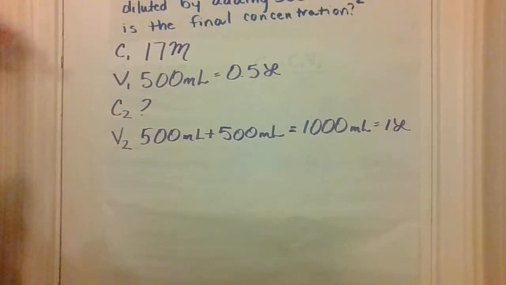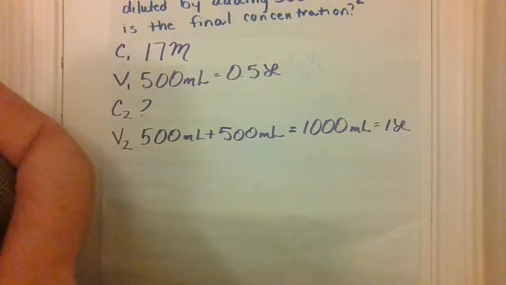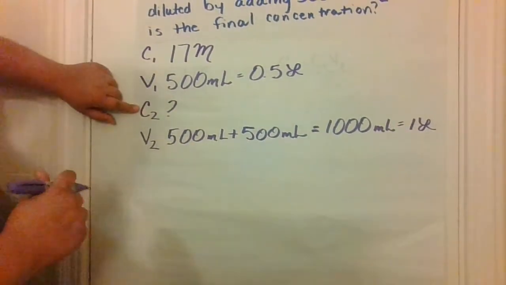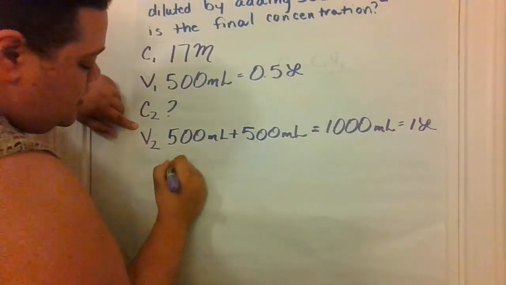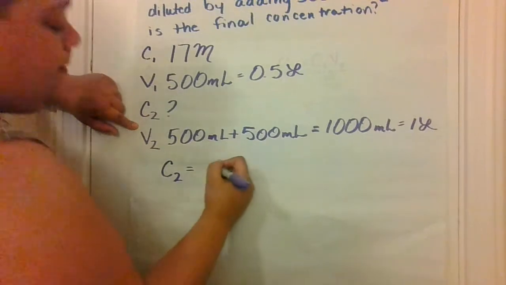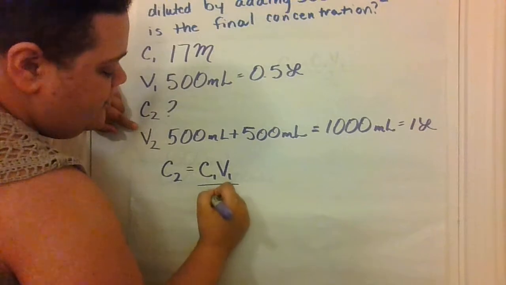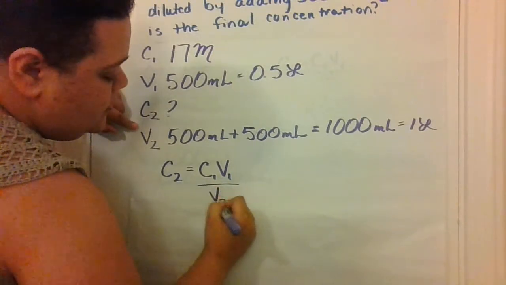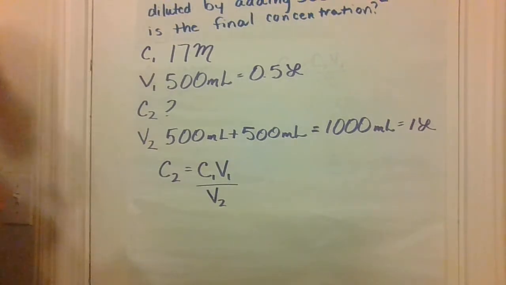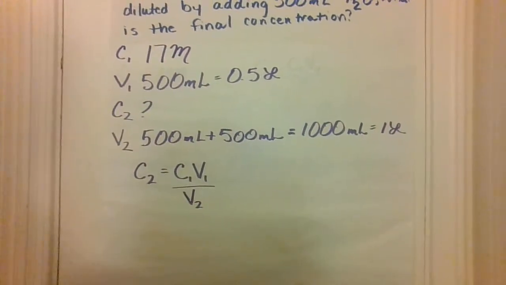So let's go ahead and convert our formula of C1V1 equals C2V2. So we're solving for C2. So our formula is going to be C2 equals C1V1 divided by V2. Okay, so let's fill in that information from our shopping list and see what answer we come up with.